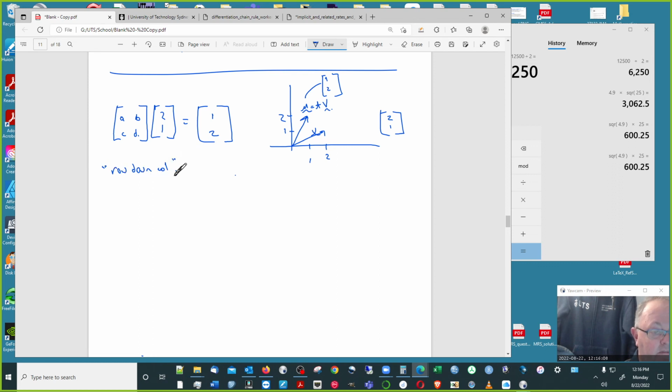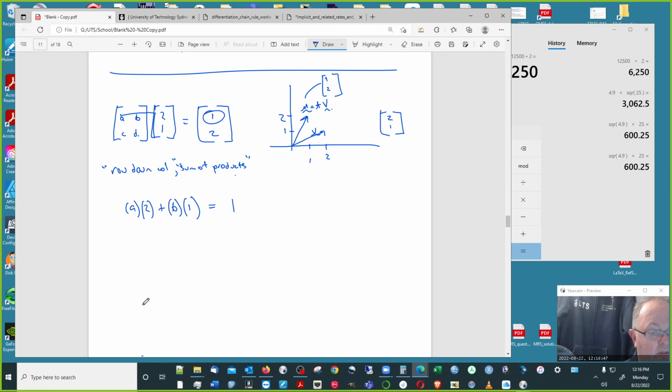Now, to do a multiplication, it's row down column, sum of products. And we're familiar with that because we did that for the dot product. So you need that phrasing in your head. So we're going to go row down column. So we're going to go A times 2 plus B times 1. And that will give us this first one. Okay? So what would be a good A and a good B to give me the number 1?